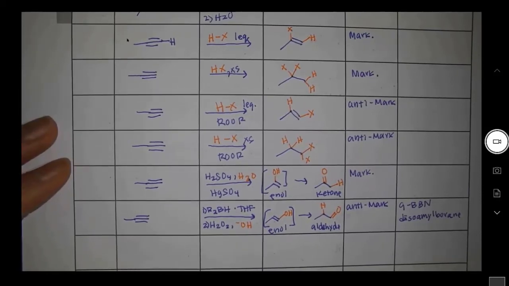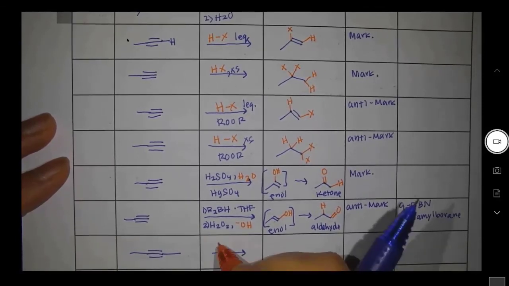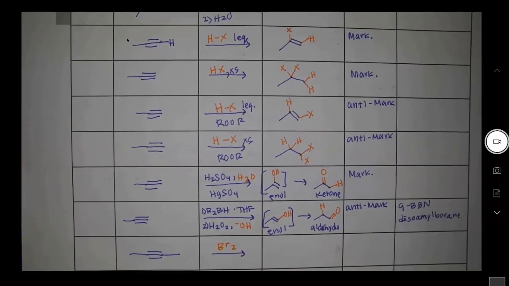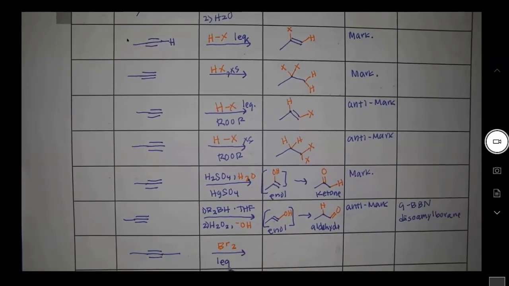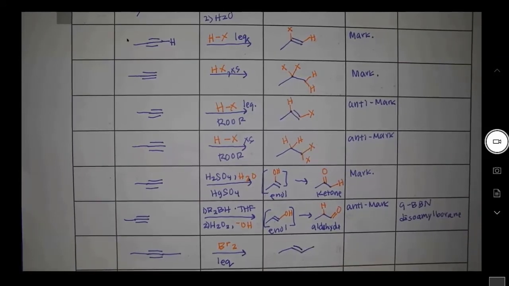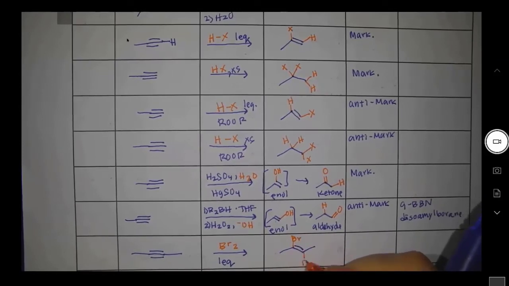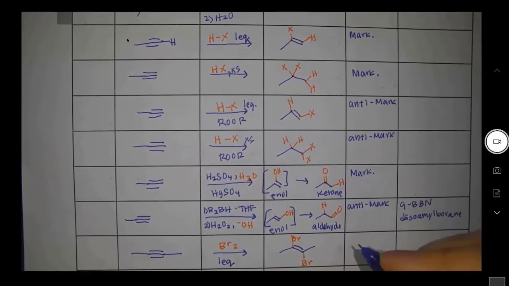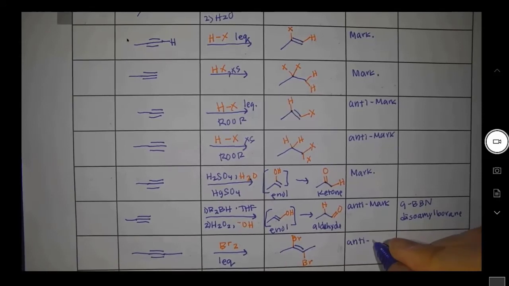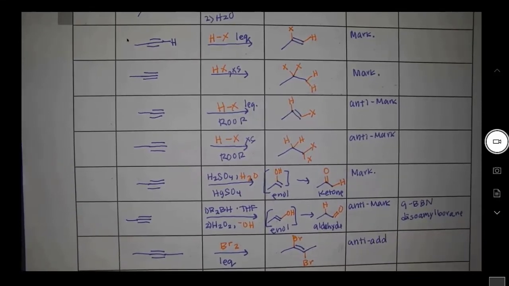All right, the next reaction, Br2, this is one equivalent. That's going to make an alkene. And I add Br on opposite faces to each other. So this is an anti-addition. Just like we saw with the alkene, we added Br on different sides of each other.